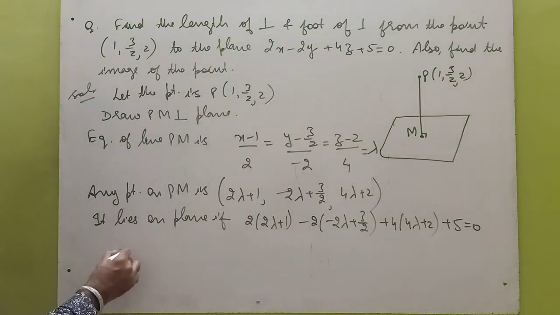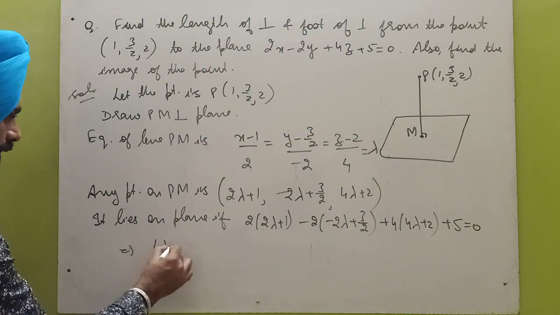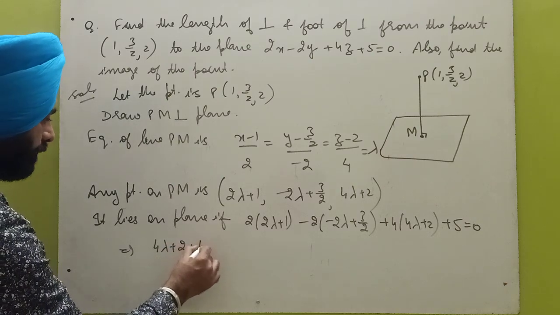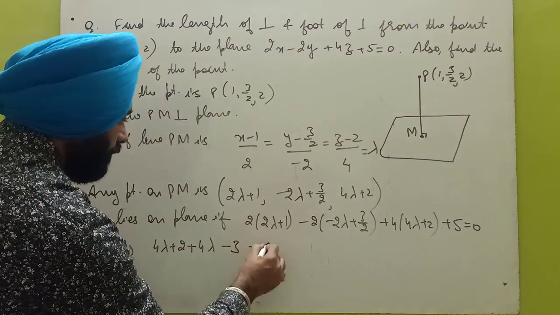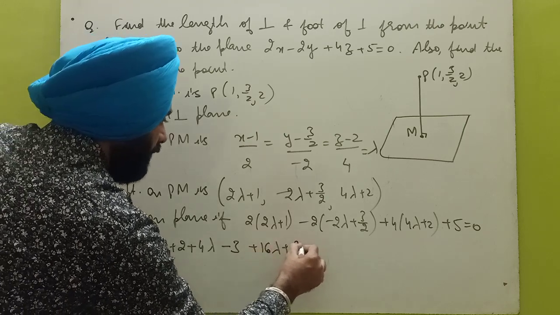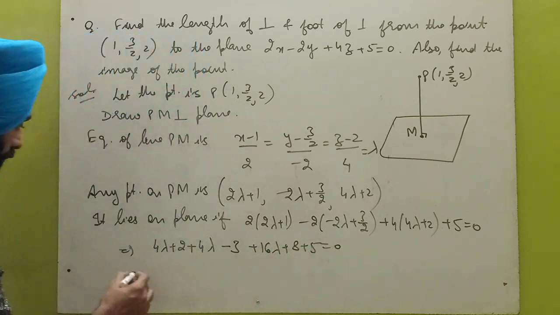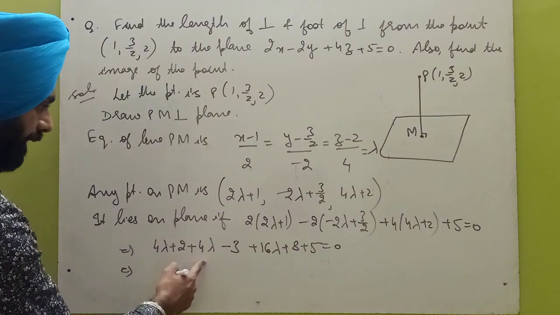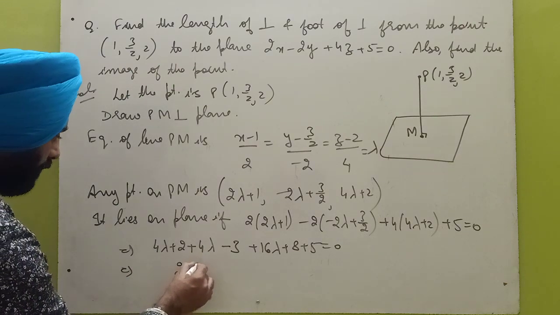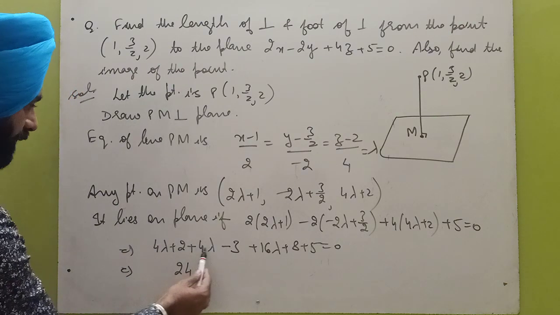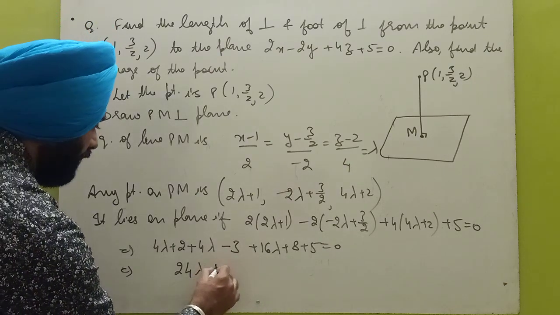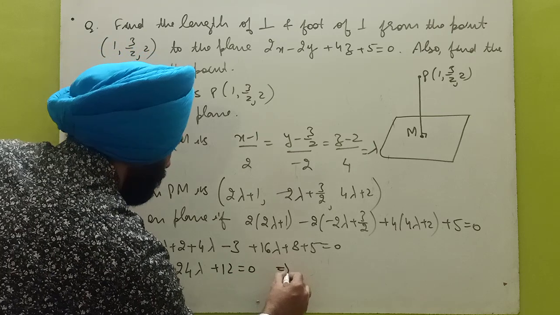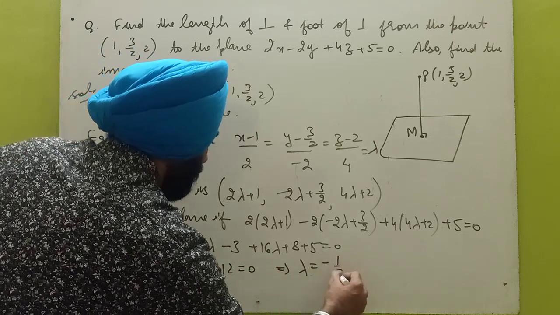So now solve it. There is 4 lambda plus 2 plus 4 lambda minus 3 plus 16 lambda plus 8 plus 5 equal to 0. 4 plus 4 is 8, 16 plus 8 is 24 lambda, and constant terms: 2 minus 3 is minus 1, minus 1 plus 13 is 12. So the value of lambda is minus 1 by 2.